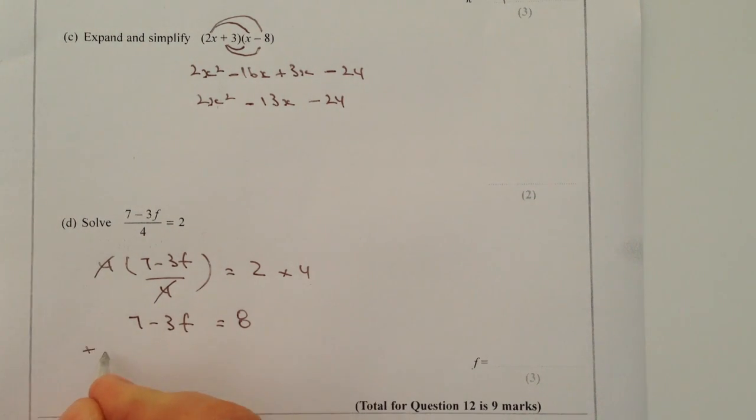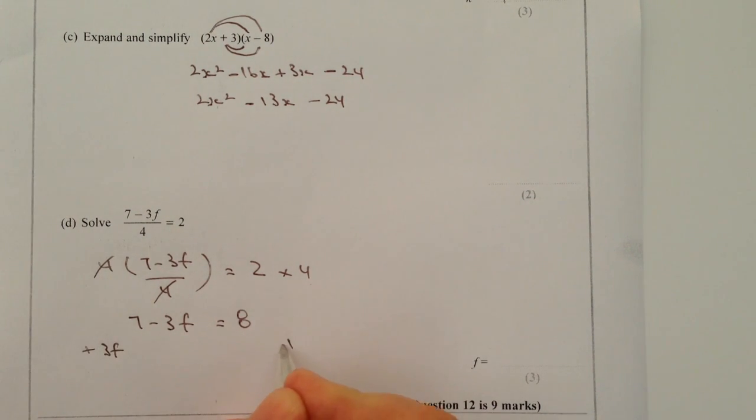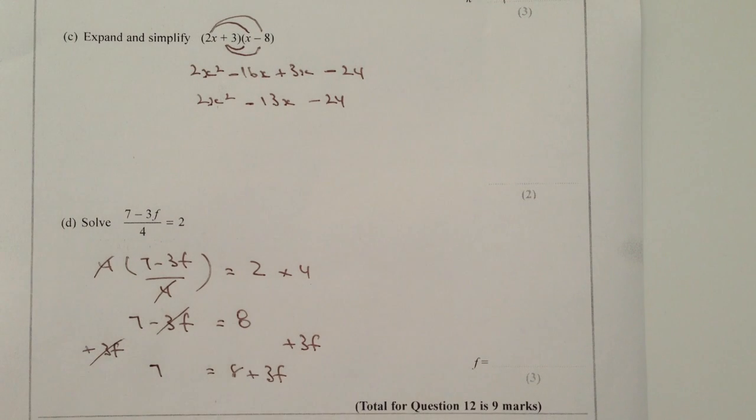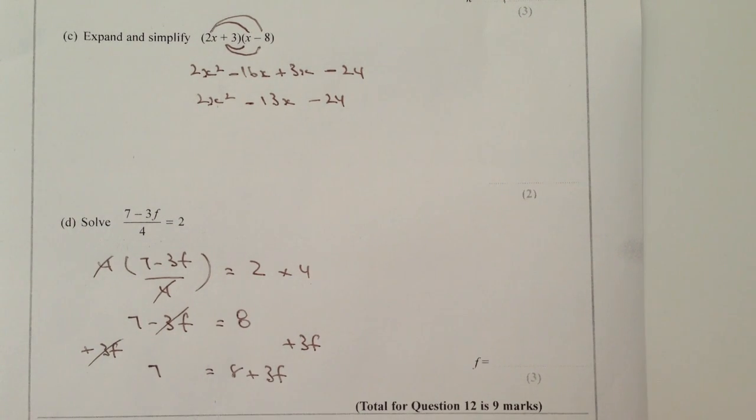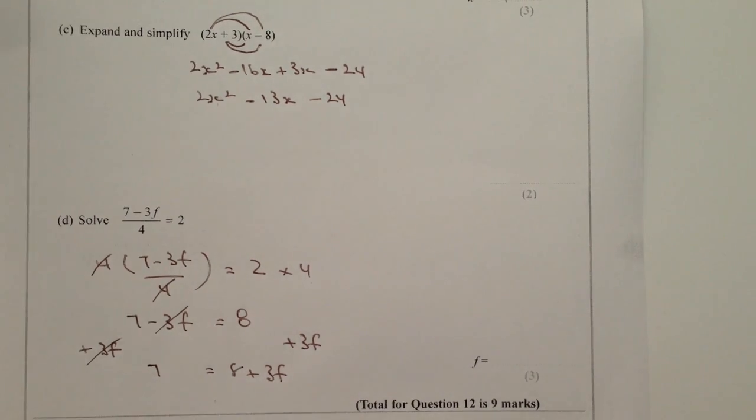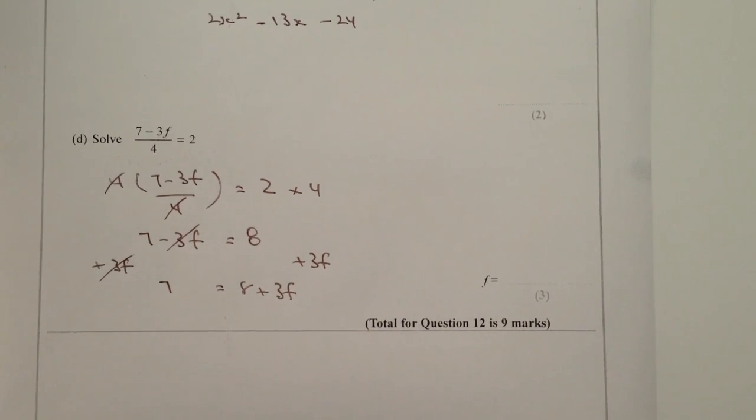So if I add 3f and add 3f, these two cancel themselves out, but I end up with 7 on this side and 8 plus 3f on this side, which works very well for me. I'm just going to move this paper up ever so slightly just so you can see it at the end of the video.